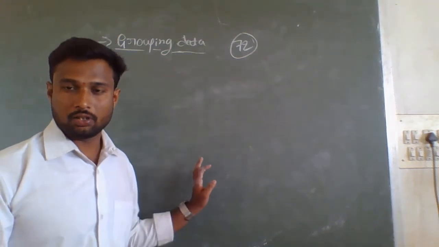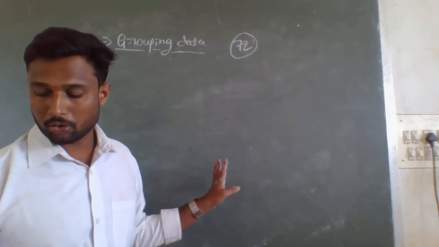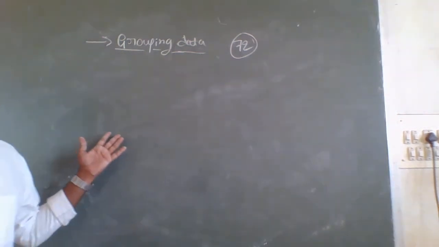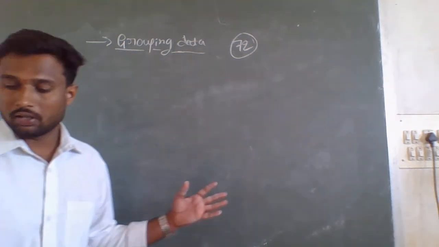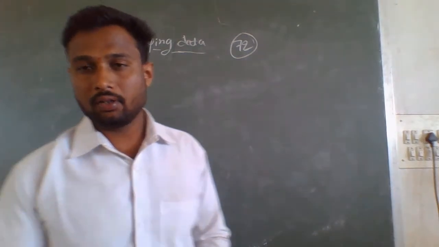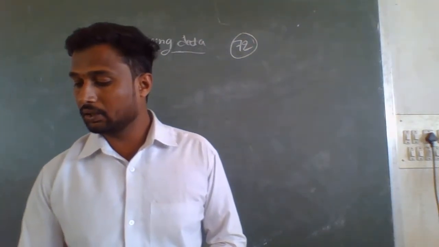In page number 72, example 5.3 about grouping data, they have given the entries of 60 students' marks. By using that only, we have to create table 5.2, which is also given in the textbook in page number 73.